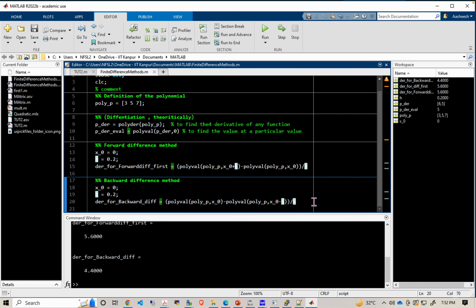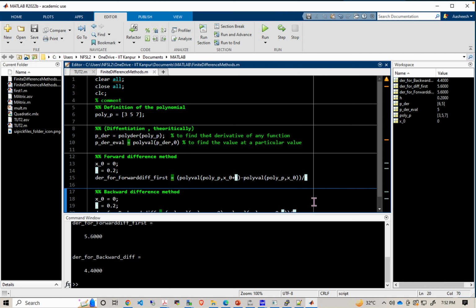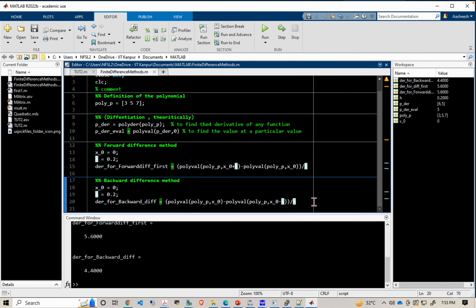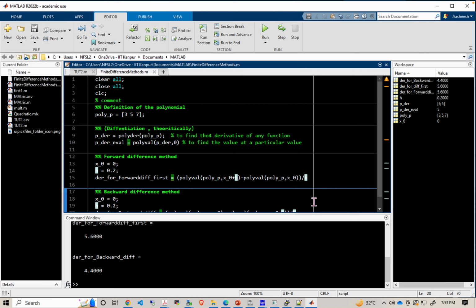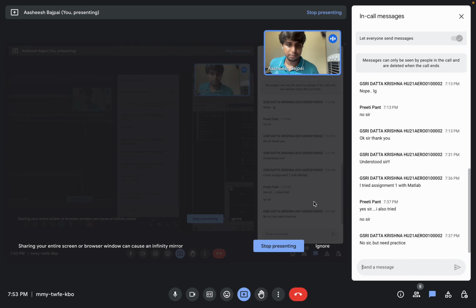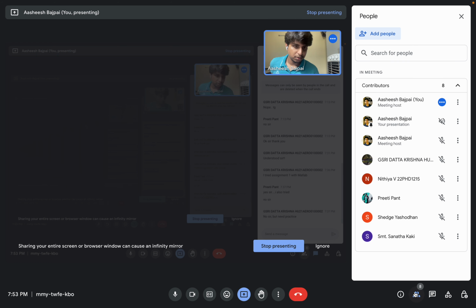Now comes the center difference part. But before that, I need to ask you guys, are you getting it? Jay sir said that he's getting it. Others? Nithya, Preeti, Shekde, Sunatha, are you guys getting it?